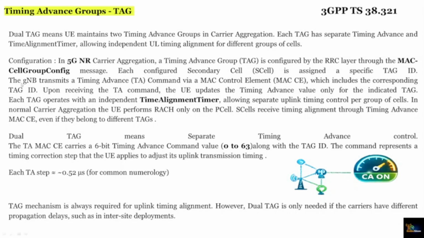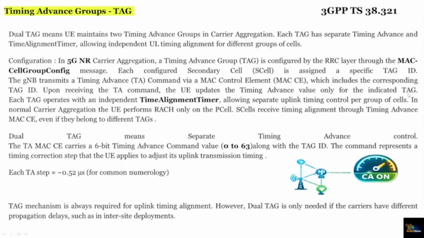So the gNodeB transmits a timing advance command via a MAC control element. It's a downlink MAC control element which includes the corresponding TAG ID, meaning TAG ID 0 for the PCell and 1 for the SCell. Upon receiving the TA command, the UE updates the timing advance value for the indicated TAG.